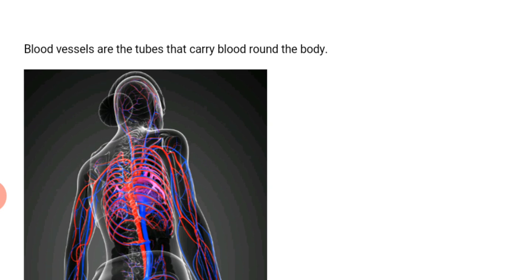It carries water from the storage to the bedroom, kitchen, toilet, and so on. It's just like a pipe that carries water, but this one carries blood around the body. That's why we call it blood vessels.